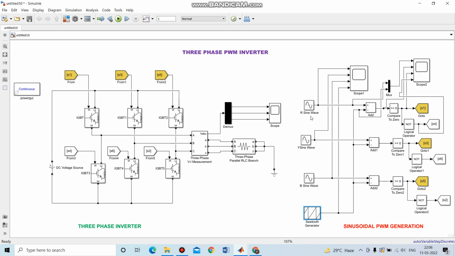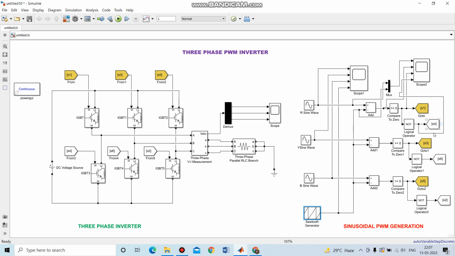We compare both sine waves with this sawtooth generator. From this output we take the pulses, and those pulses are given to these IGBT gates.